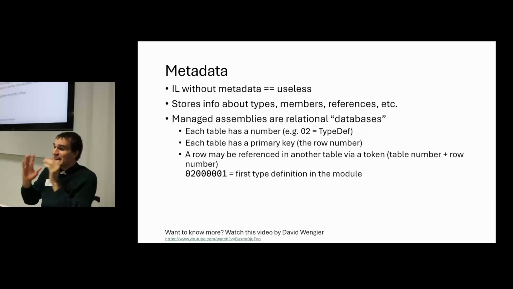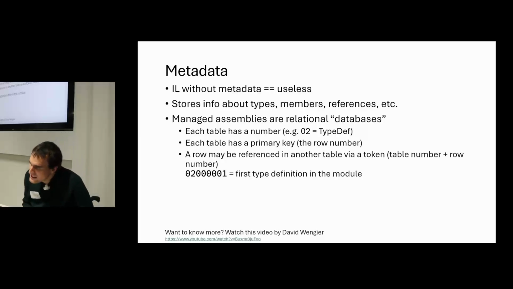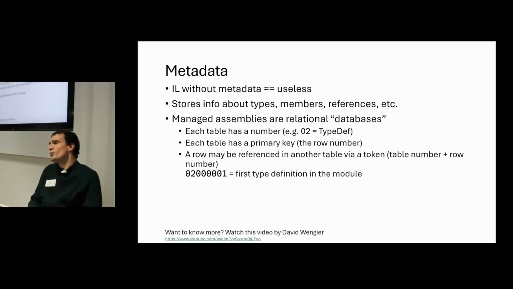And managed assemblies are basically just databases. They are write once, read many times databases. Each table has a number, and each row is basically one entry. There is the type def table that contains all the type definitions, and each row in that table is basically one type.